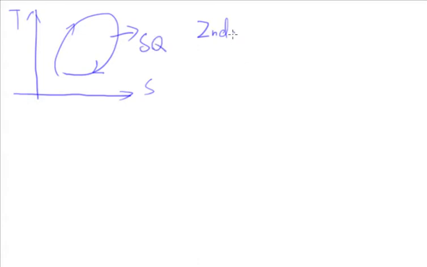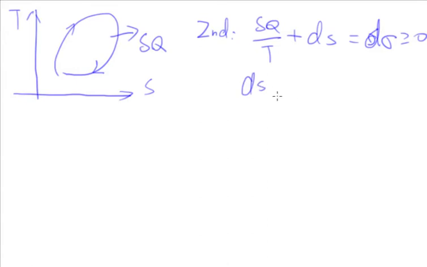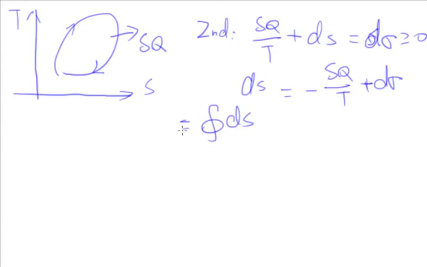The second law tells us that dS equals delta Q over T plus the entropy generation at that step, which is larger than 0. If we rearrange this, we get dS equals delta Q over T plus d sigma. And we can do a path integral. Since the cycle basically recovers the initial state, we'll get the path integral of this part as 0.